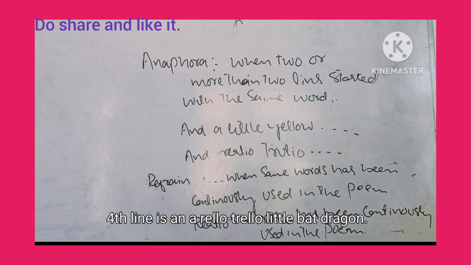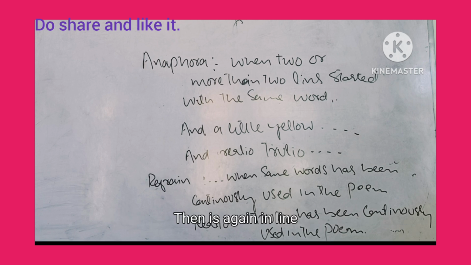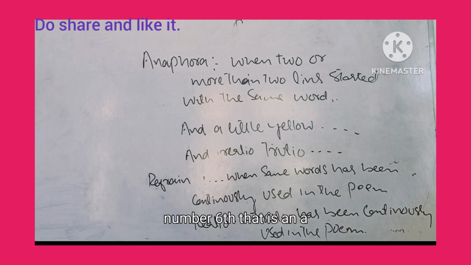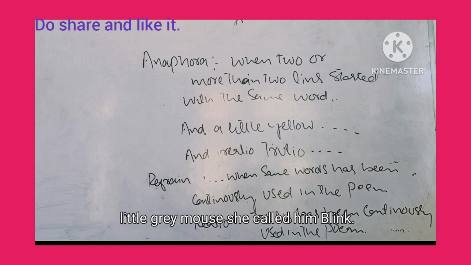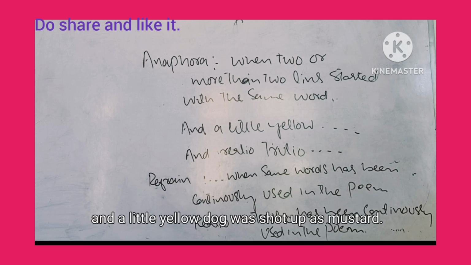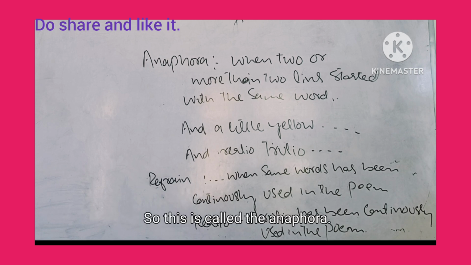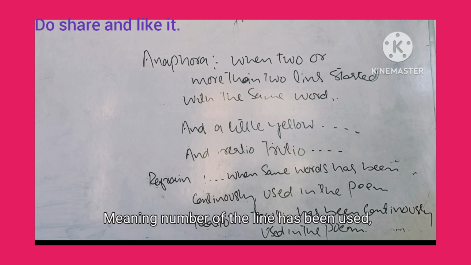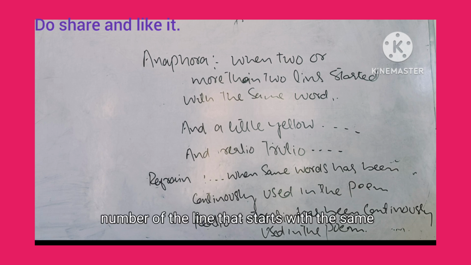The 4th line is "And a rallo trallo little pet dragon." Then again in line number 6: "And a little grey mouse, she called him Blink." "And a little yellow dog was sharp as mustard." So this is called anaphora, where a number of lines start with the same word.